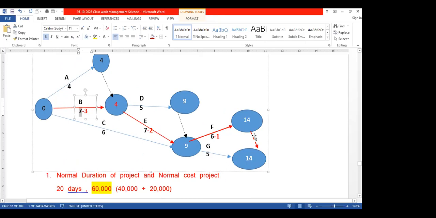I have made an adjustment, that's why this is shown here. B is a critical activity. So you see that we have reduced 3 days, possible to reduce by 3 days. So therefore it's here 4 days, here also 7 minus 3, that is 4 days, no issue on that.